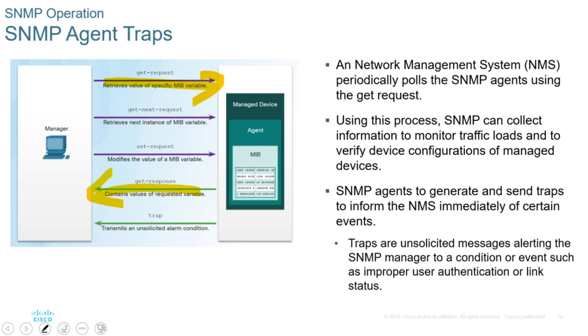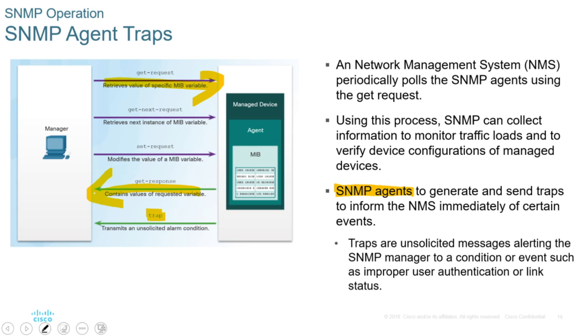One of the other approaches is what is called SNMP traps. SNMP traps are there so that SNMP agents themselves can send updates if that is relevant. These are not requested updates, but updates that are relevant to the manager.